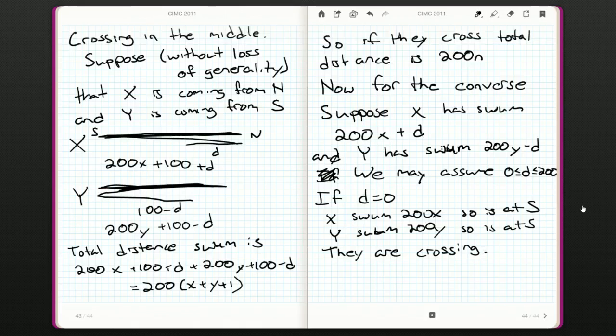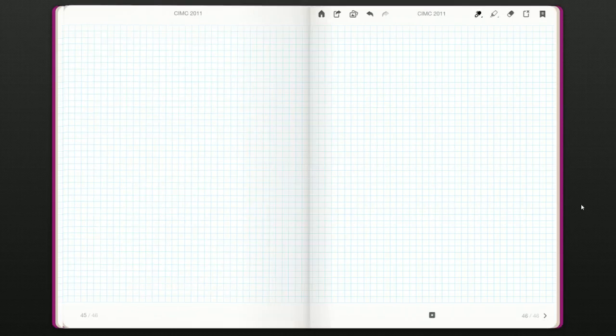How about D between 0 and 100? 100 is a special one. I think you can guess that's when they'll both happen to meet at N, which is a crossing.